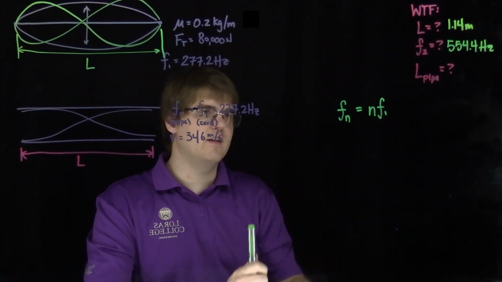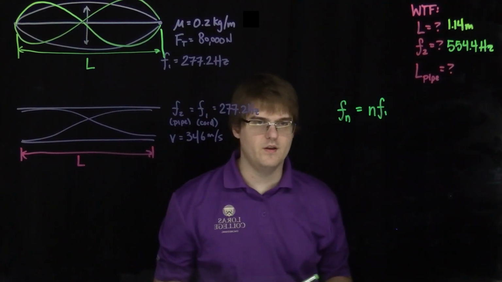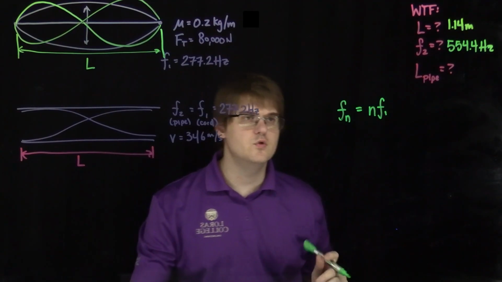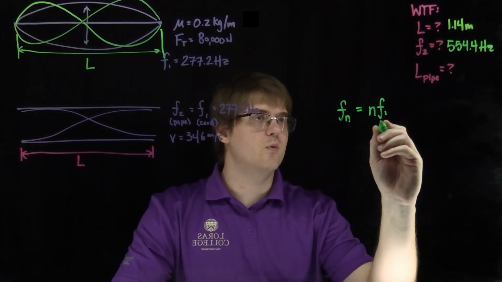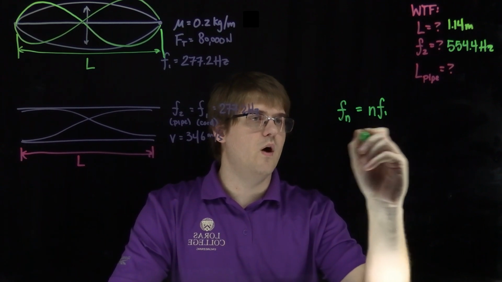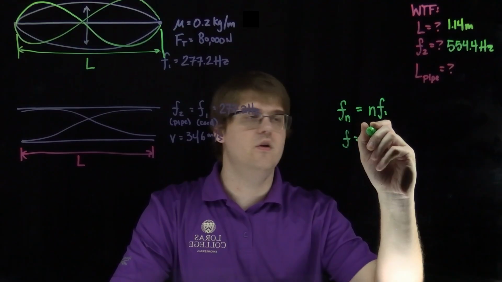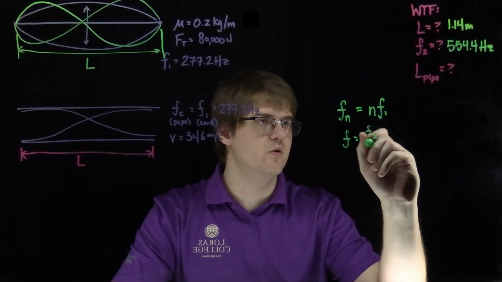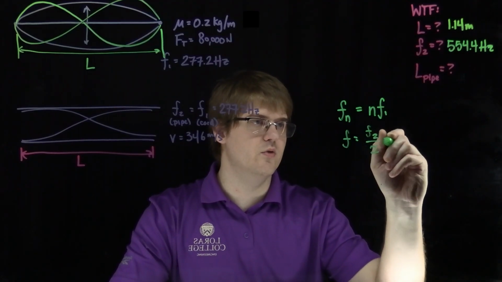But with that, I can figure out what my frequency 1 is for this system so that I can solve for that L, or I can do it directly, but we're going to go ahead and do it this way. My frequency 1 is going to be equal to my frequency, in this case I have my frequency 2, divided by my n, which in this case is 2.